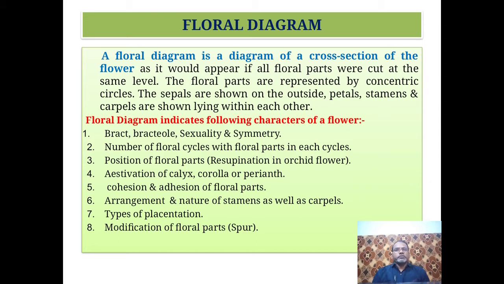Floral diagram indicates the following characters of a flower: bract, bracteole, sexuality and symmetry, number of floral cycles with floral parts in each cycle, position of floral parts, resupination in orchid flower, estivation of calyx, corolla or perianth, cohesion and addition of floral parts, arrangement and nature of stamens as well as carpels, types of placentation and modification of floral parts like spur, etc.